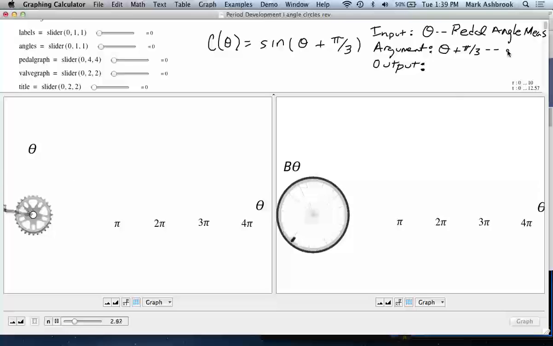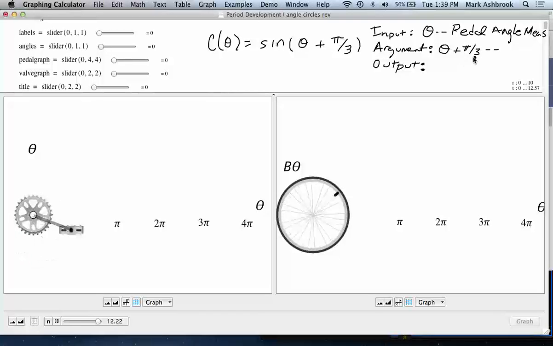Well, does that quantity relate to the pedal, or does it relate to the tire? It relates to the tire. What about the tire is that quantity right there? It's the measured angle swept counterclockwise from the 3 o'clock position. Of the pedal? Theta was the pedal, right?